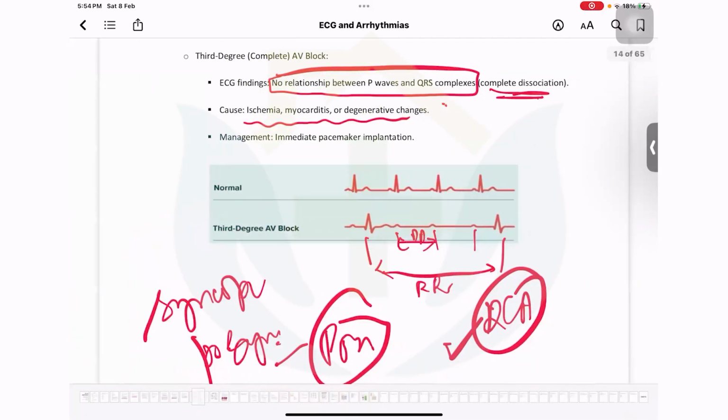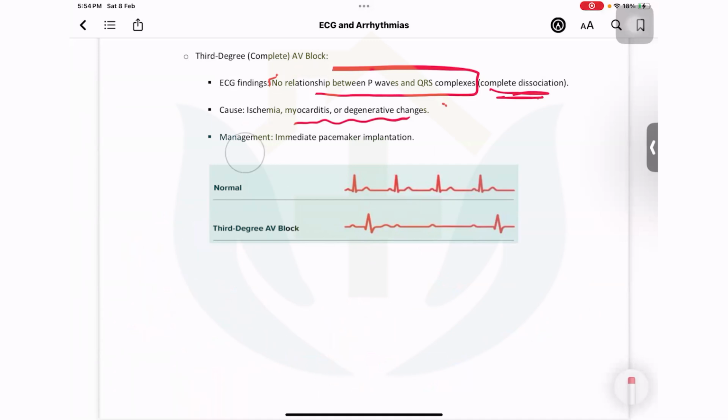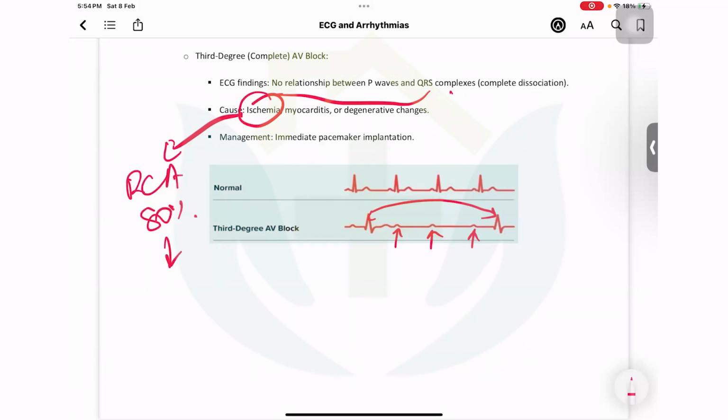Then comes complete heart block, or third degree AV block. In third degree AV block, there is no relationship between the P and the QRS complexes. The P wave is running at its own pace, and the QRS is running at its own pace. So there is no relationship. It can occur due to RCA occlusion, because in 80% of the world's population, the RCA gives off the SA nodal and AV nodal artery.